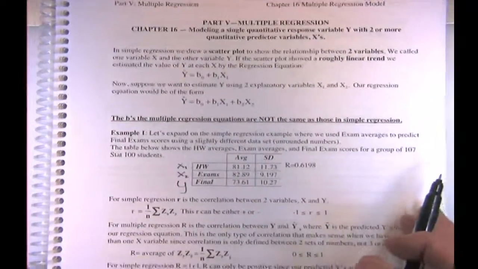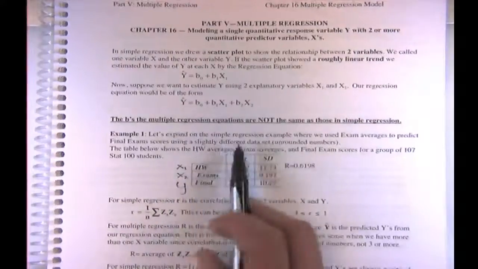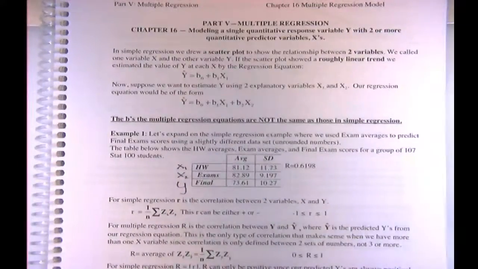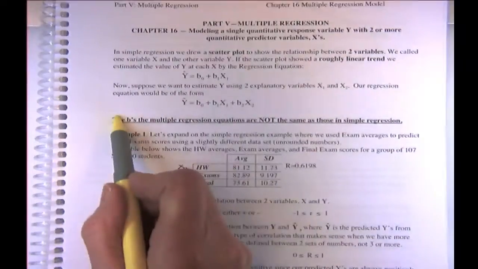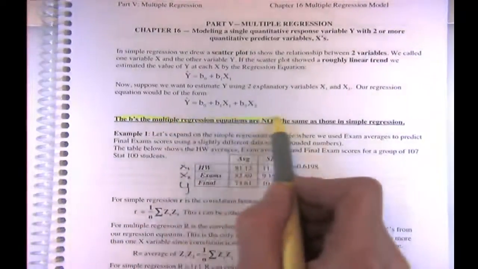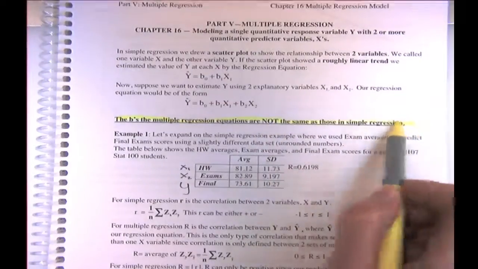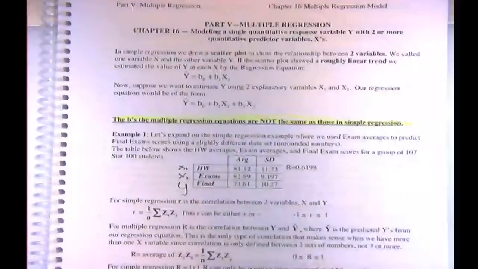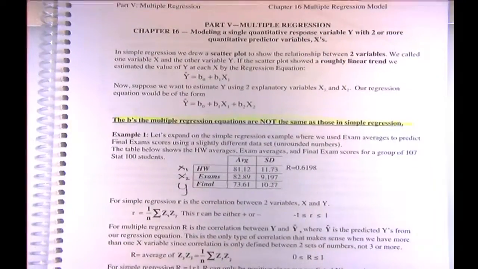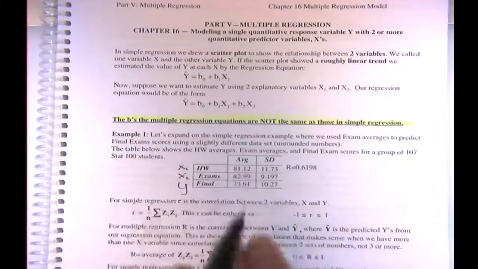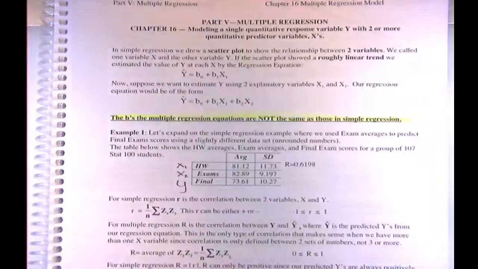All right. So the first thing that I want to point out is that the slopes in the multiple regression are not the same necessarily as those in the simple regression. We saw that before with the binary and the quantitative variables, x is predicting a y. It's the same way here, and so we're going to examine that some more.